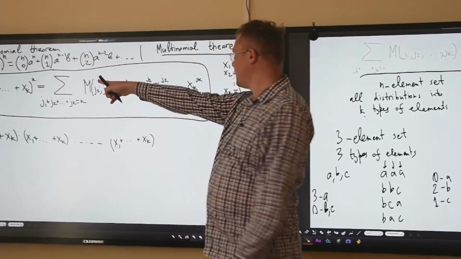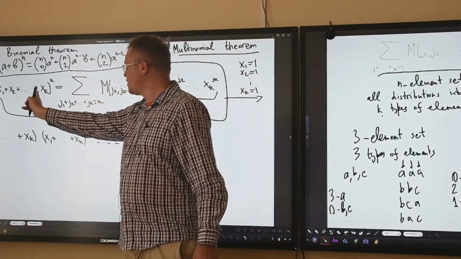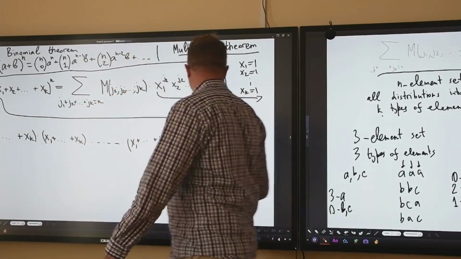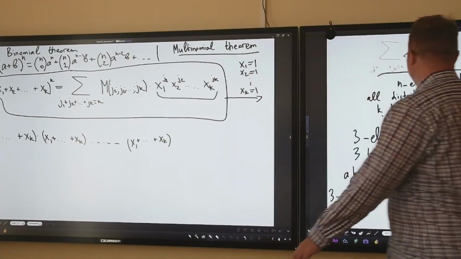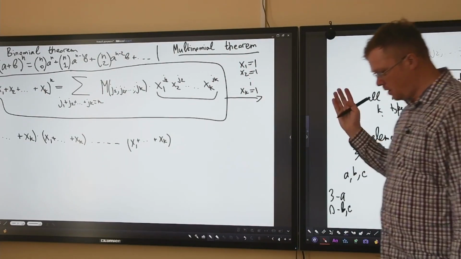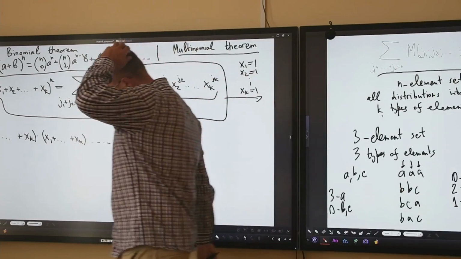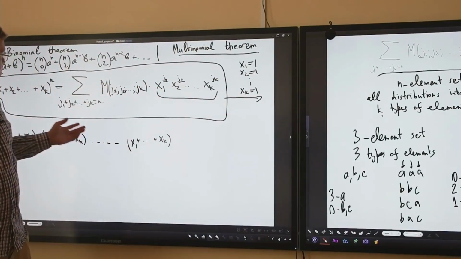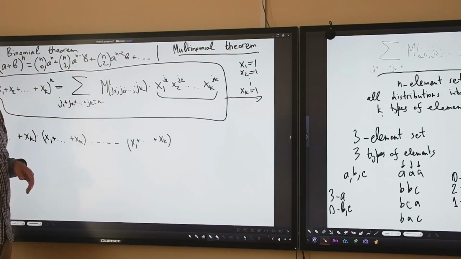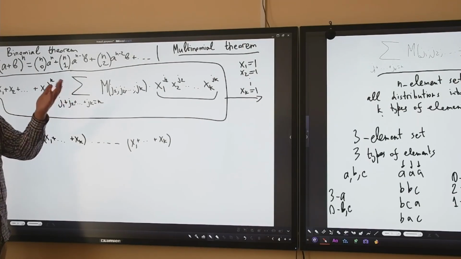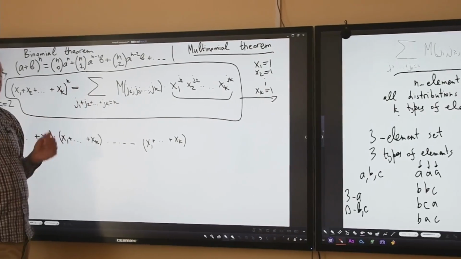And on the left-hand side, I will have 1 plus 1, etc., plus 1 to the n power. So this will be exactly k to the power n. So trivial. From this formula we can trivially get the sum of all multinomial coefficients, for example.